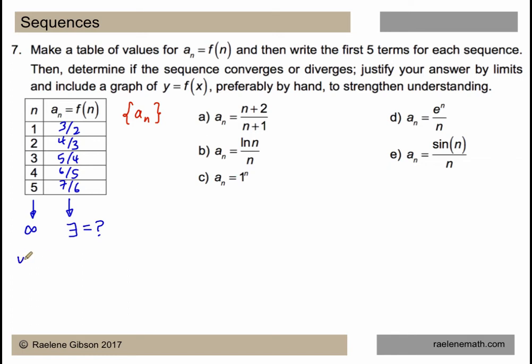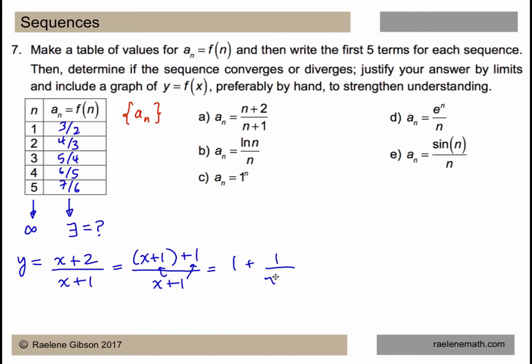Well, in the case of looking at y equals (x plus 2) over (x plus 1), we can write this as a proper fraction by seeing this is x plus 1 over x plus 1, which is going to be dividing into this, gives us the proper fraction form of 1 plus 1 over (x plus 1). If we want to take the limit of this function, I'll write it above here, and we'll take the limit as x approaches infinity to both sides of y and the proper fraction form.